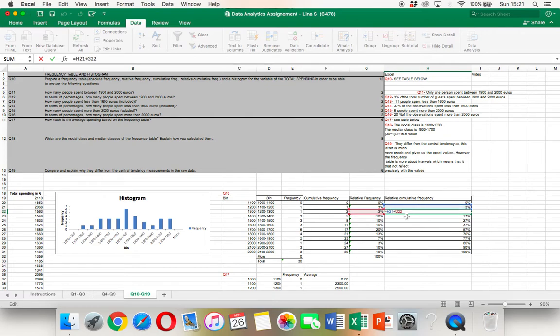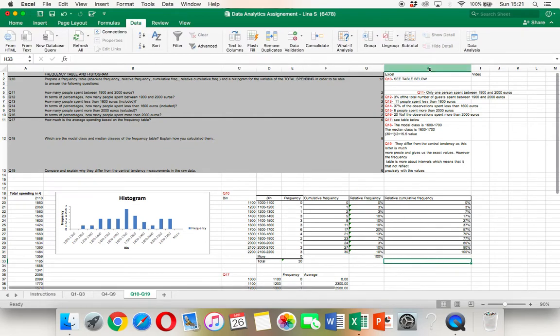Then the result also helps us to get the next relative cumulative frequency, and so on. And also, to make sure that my calculation is correct, the last relative cumulative frequency needs to be 100%. Okay, so that's done. As you may see here, question 10 has been answered by this table below.